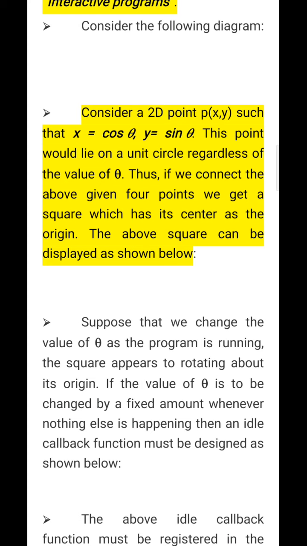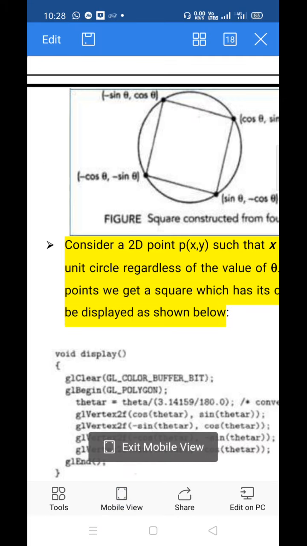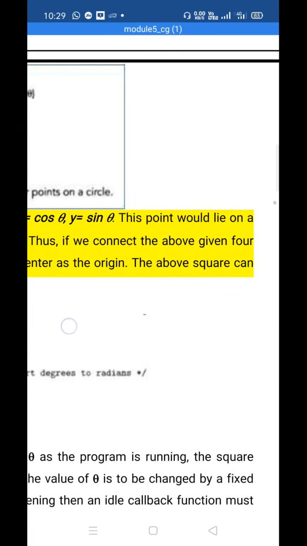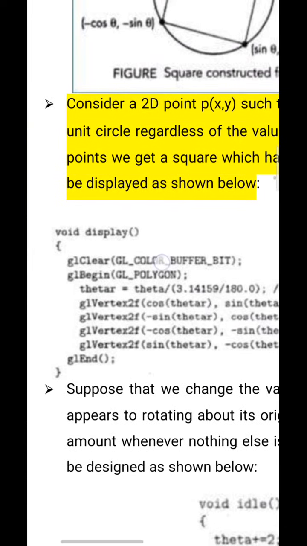Thus, if we connect the above given 4 points, we get a square which has its center as the origin, isn't it? The above square can be displayed as follows.